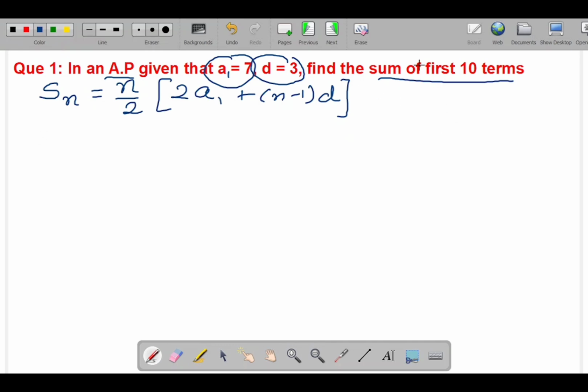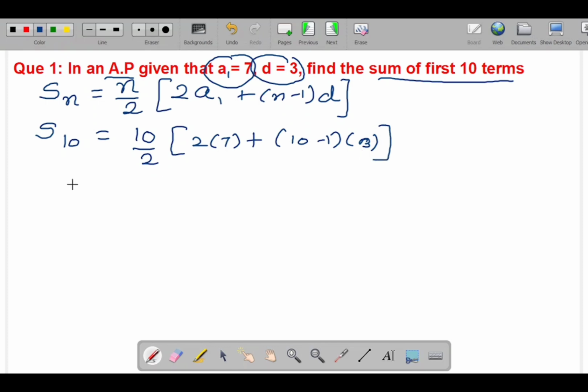Here we want to calculate the sum of the first 10 terms. So we can write S10 equals 10 by 2 into (2 times 7 plus (10 minus 1) into d), because the value of n is 10. The d is 3. Okay, so let's go ahead.